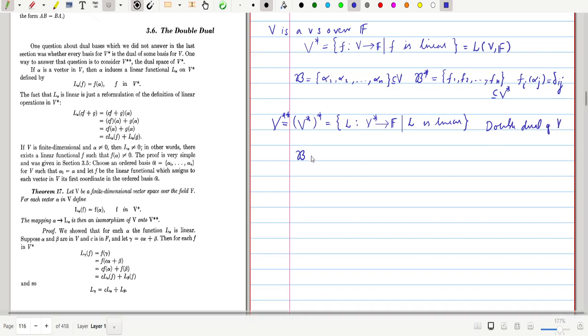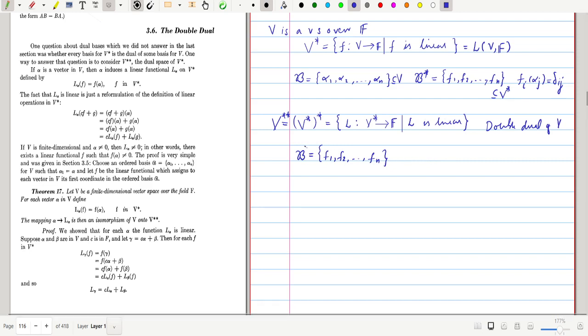If we start with a basis of V star, say f1, f2, etc., fn, which need not be a dual basis anyway, then you can construct a basis for V double star. I'll call it B prime.